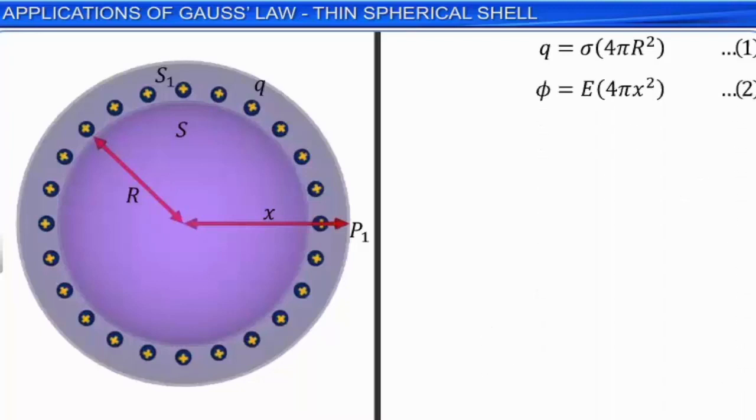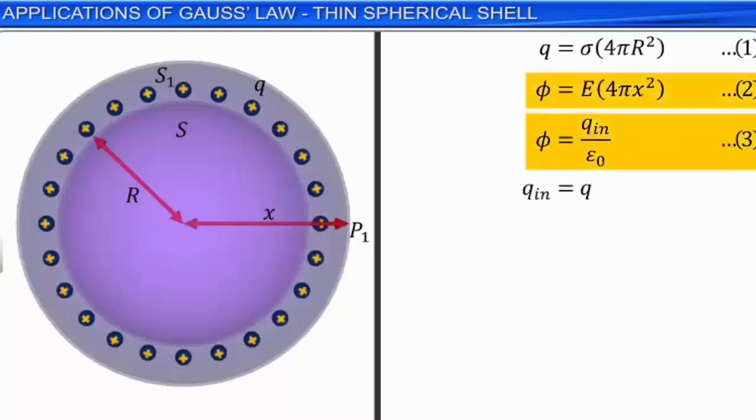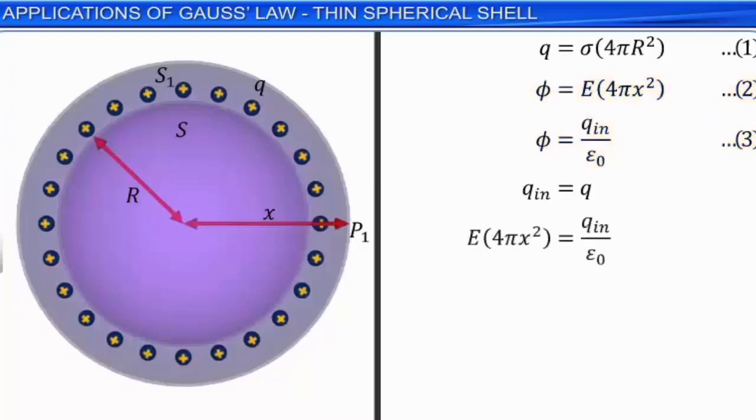We know that according to Gauss law, the total electric flux passing through the Gaussian surface S1 must be equal to Qin by epsilon naught, where Qin is the charge inside the surface. Let this be equation 3. Here, Qin will be equal to the charge Q on the spherical shell. From equations 2 and 3, we see that E into 4 pi x square is equal to Qin by epsilon naught.